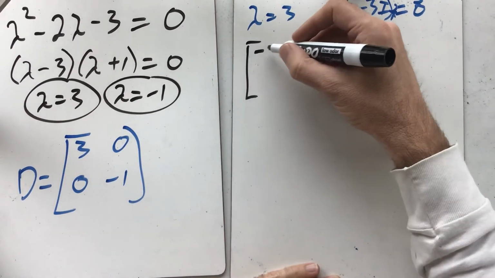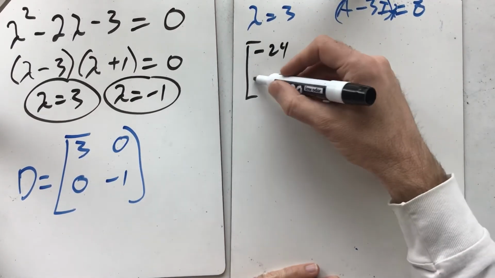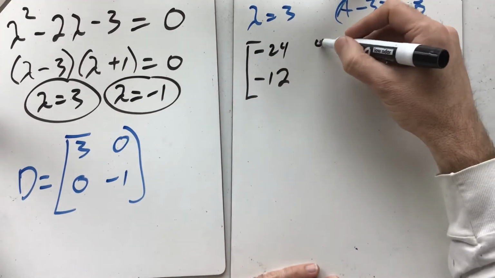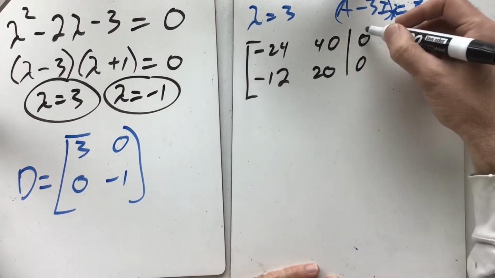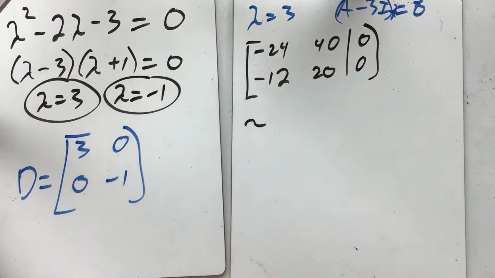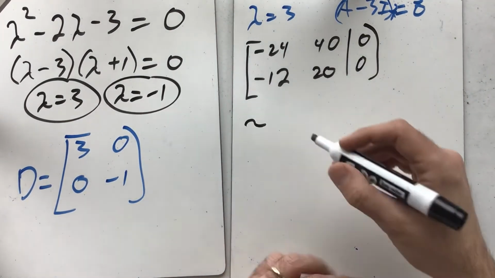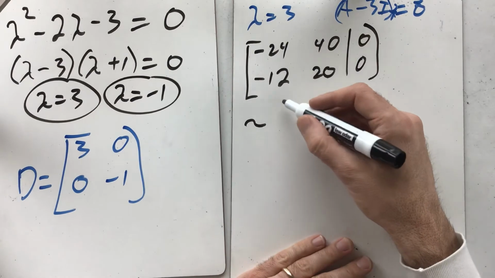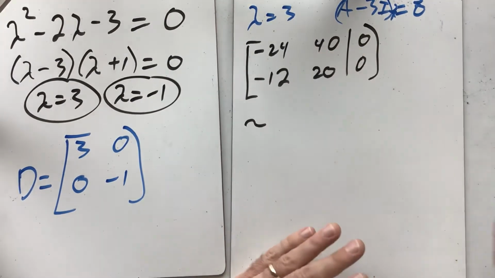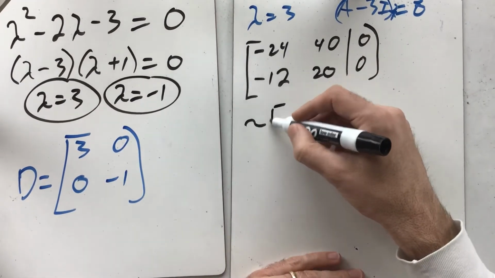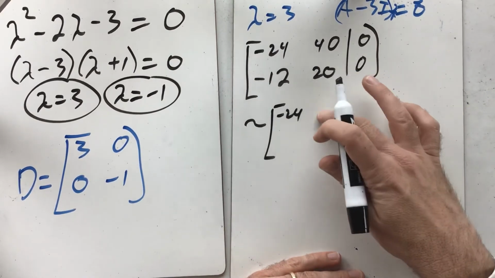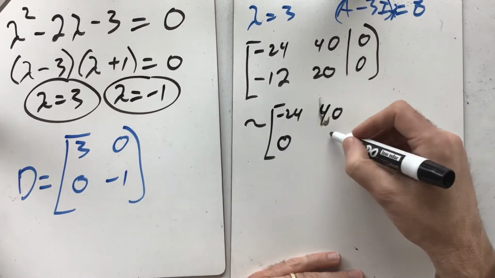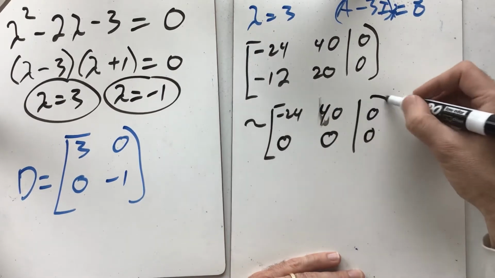So that looks like negative 24, negative 12, 40, and 20, and then 0 and 0. The good news is that row reduces pretty simply, and then I'm left with negative 24, 20, and that row just becomes zeros.